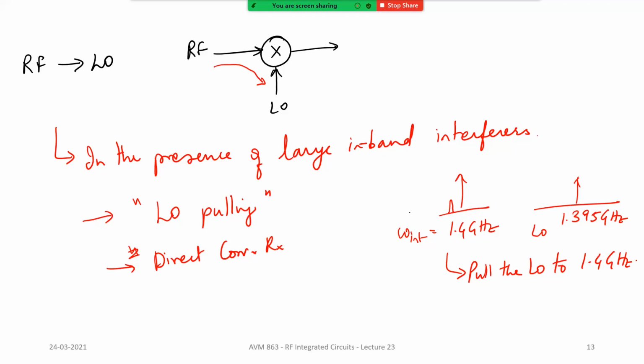Now, what happens if your RF leaks to IF?